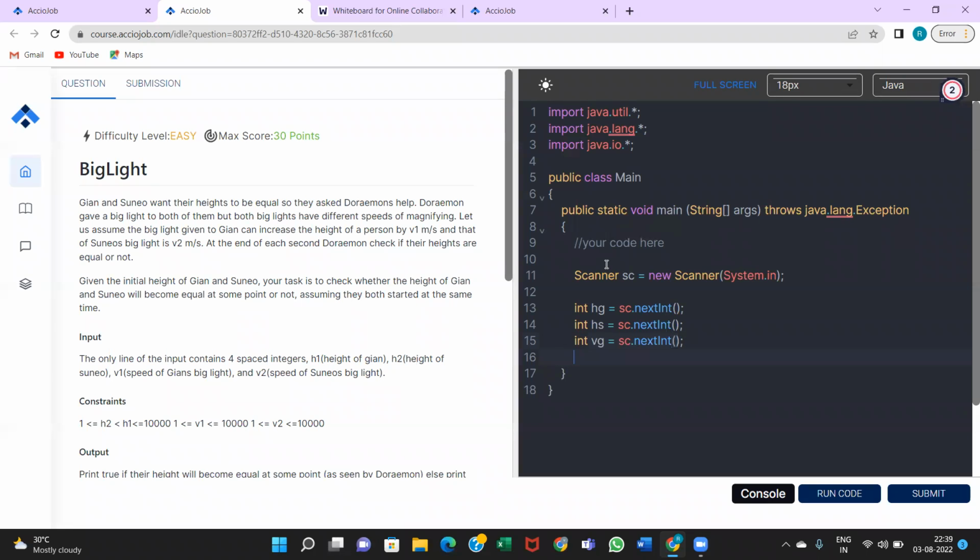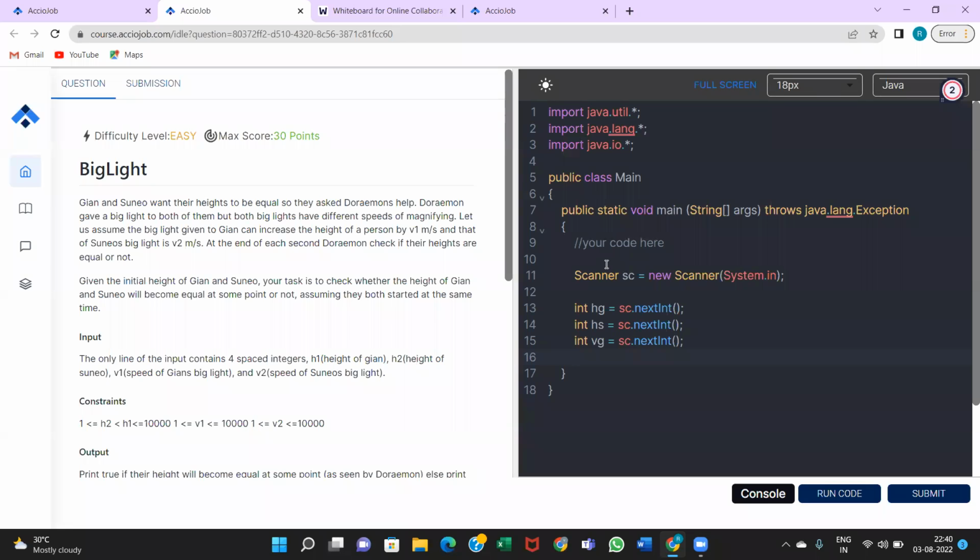Because if you take float, then you'll get 2.5 as your answer. Yeah, I know that, that was a typo. You could get answers in decimal, but then you have to check whether you got a decimal answer or not. What our logic is saying is we just need to check whether the difference of the heights of Jian and Sunyo is divisible by the difference in the velocities of Sunyo and Jian.